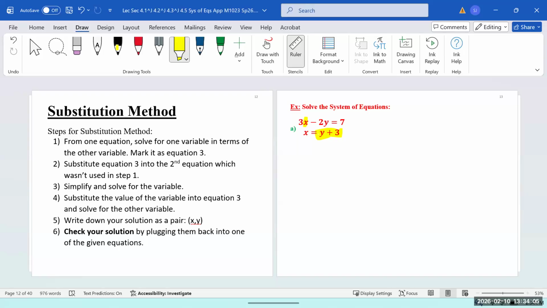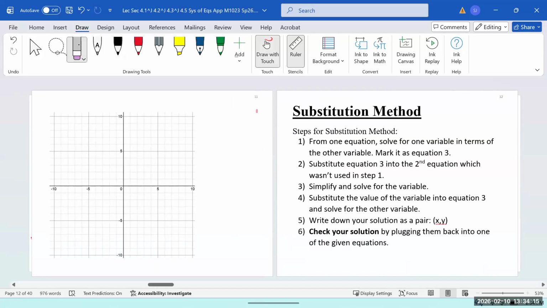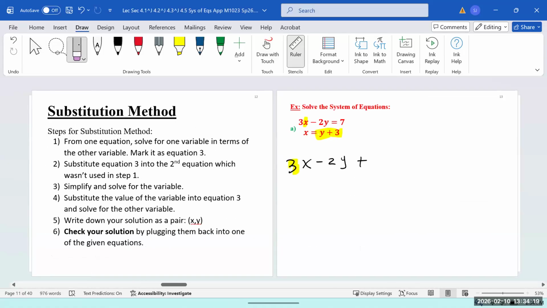We have the first equation, 3x minus 2y equals 7. But now I'm not going to write this x. Instead, I'm going to write y plus 3.